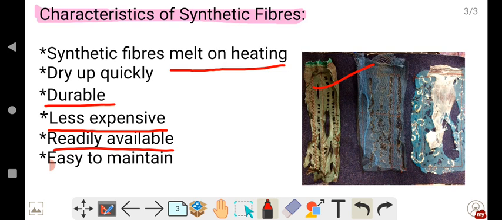This is the disadvantage of synthetic fibers: the clothes easily catch fire, and the fabric melts and sticks to the body of the person wearing it. Therefore we should not wear synthetic clothes while working in the kitchen or in the laboratory. When we compare other qualities, they are very good; only this is the disadvantage of synthetic fiber.